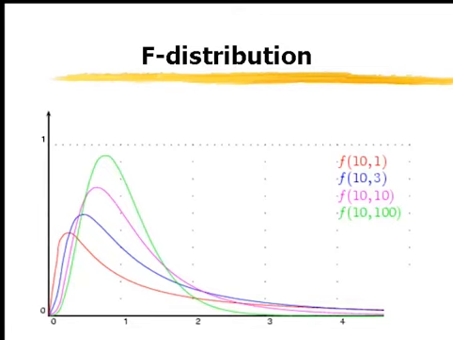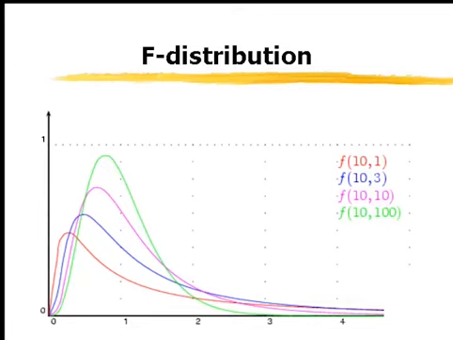And so the 3 and the 10 and all of those are in between that 241. So for 10 comma 3, the critical value is 8.79, and in the 10 comma 10 distribution, the critical value is 2.98.